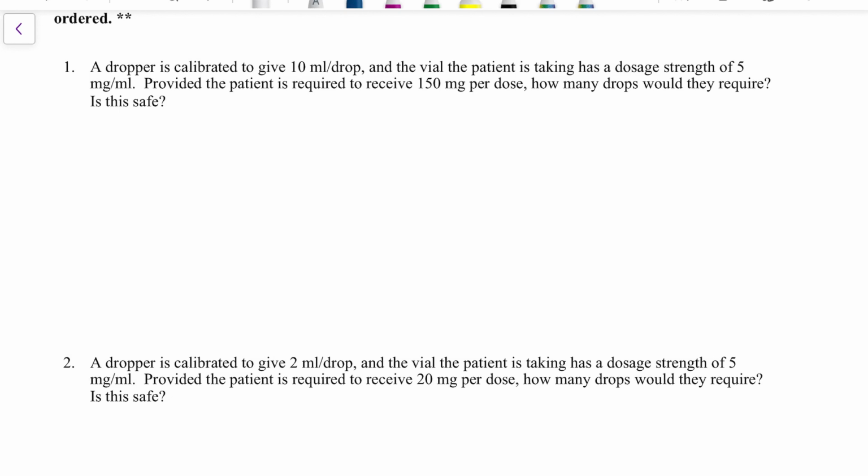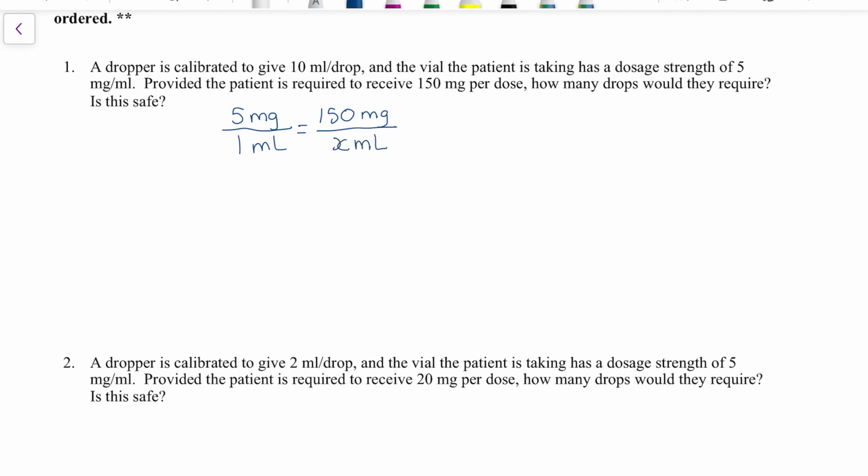So available to us is 5 milligrams per 1 milliliter. Okay. And ordered is 150 milligrams. We need to figure out how many milliliters that is.